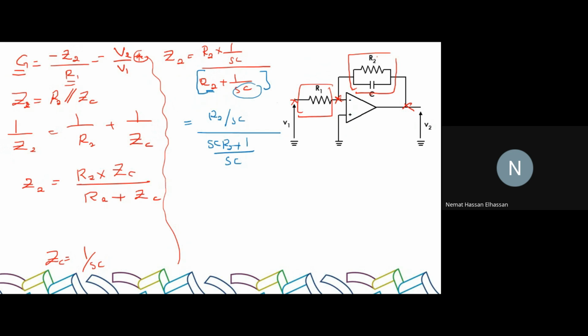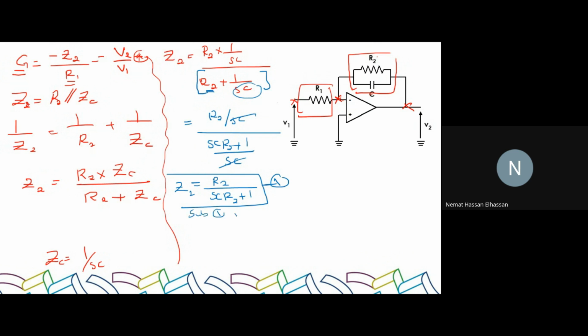Okay, SC and SC cancel each other out. What do we have left? R2 over SC R2 plus 1. This is Z2, right? Let's call this 1.